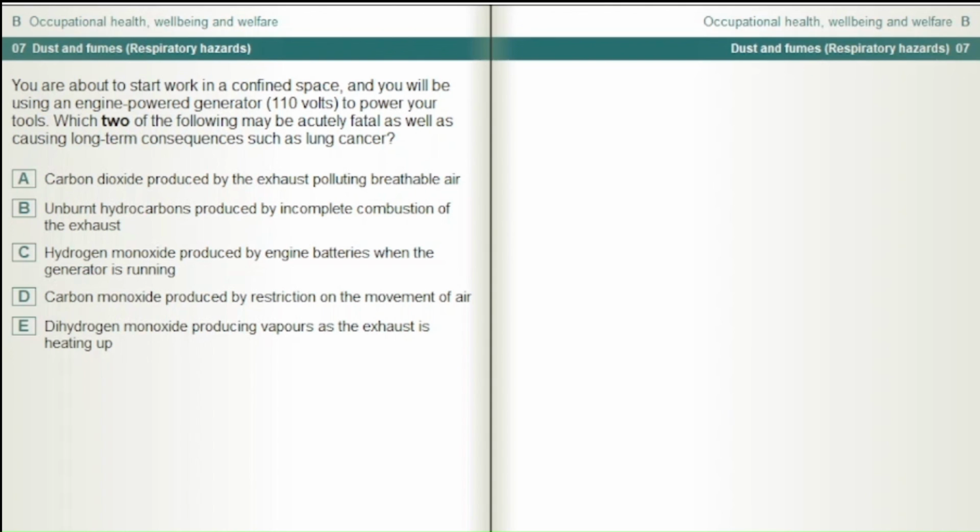Unburnt hydrocarbons produced by incomplete combustion of the exhaust. Hydrogen monoxide produced by engine batteries when the generator is running. Carbon monoxide produced by restriction on the movement of air. Dihydrogen monoxide producing vapours as the exhaust is heating up.